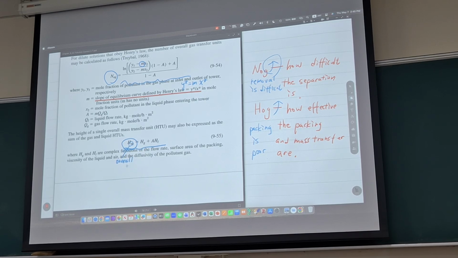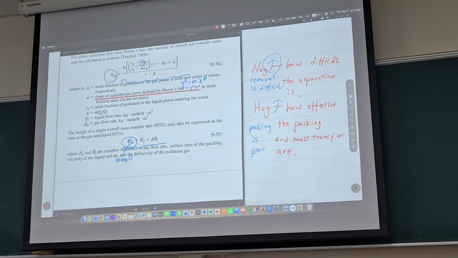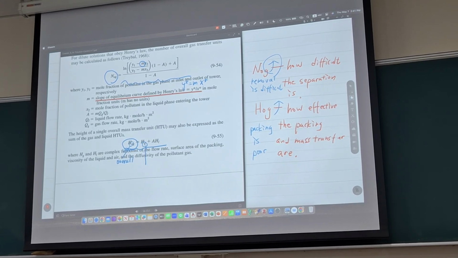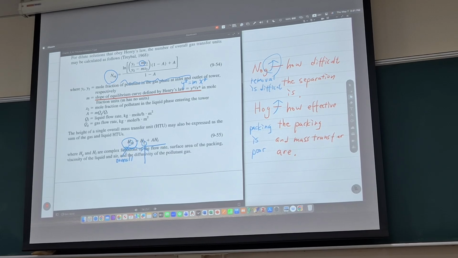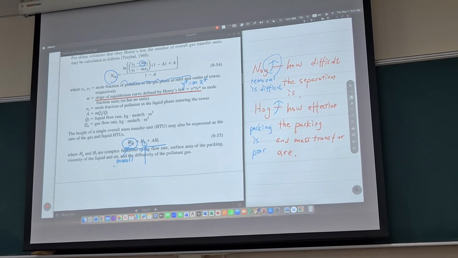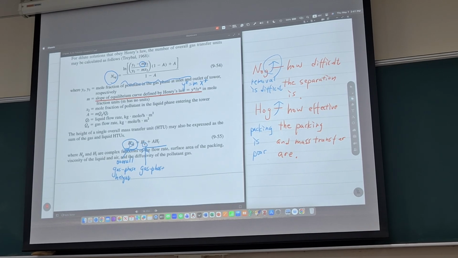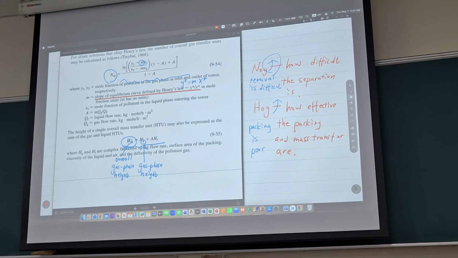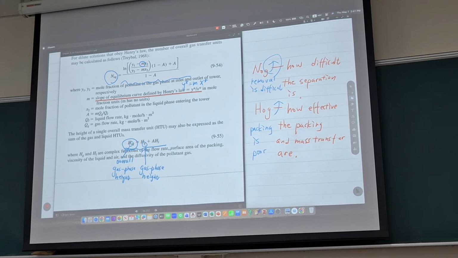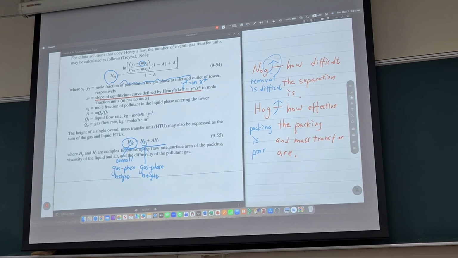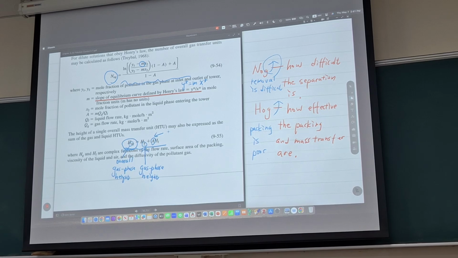So HOG is the overall gas phase height. And G stands for gas phase height. Okay? A is not area. A is absorption factor.